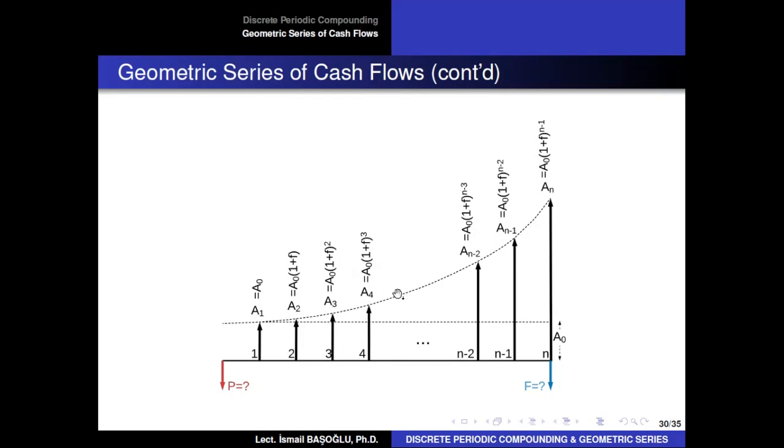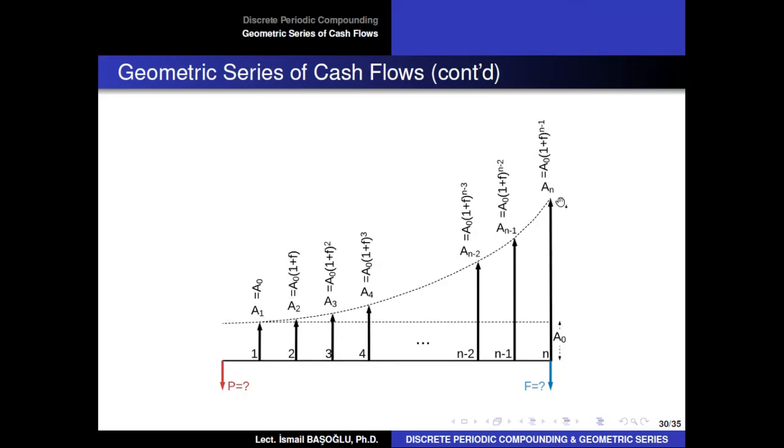So every year, the cash flow is changing with a rate of F. It is increasing by a rate of F, or if F is negative, then it is decreasing. This is called a geometric series. As you can see, it is not linear, it is increasing geometrically. And at the end of the nth year, the cash flow is A0 times 1 plus F to the power n minus 1.